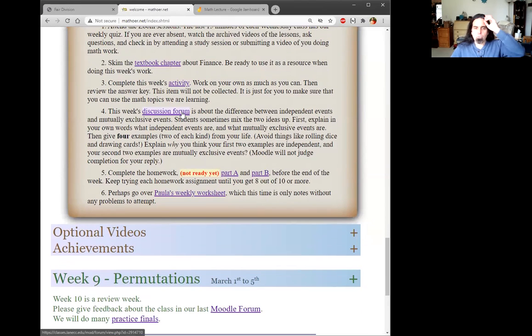This week's discussion forum is about the difference between independent events and mutually exclusive events. Those words tend to be ones that people mix up until you've used them a bit. And Moodle doesn't know when you're done with this. So do what it tells you when you click on the discussion forum.